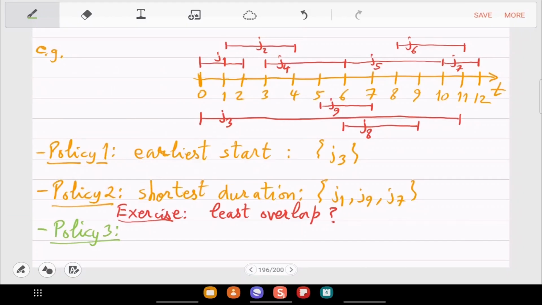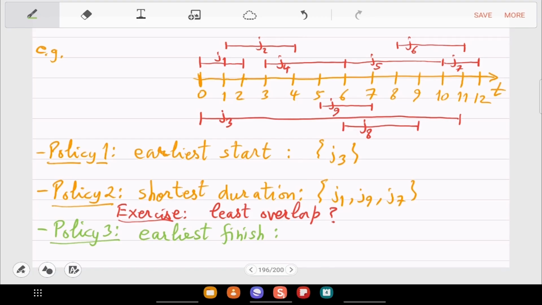Yeah, so the fourth policy that we will try, or in the class it's policy number 3, will be earliest finish. Okay, so at this point it is not clear why this will be the best, because intuitively shortest duration makes sense because you want your server to spend the smallest amount of time per job, but that doesn't work.